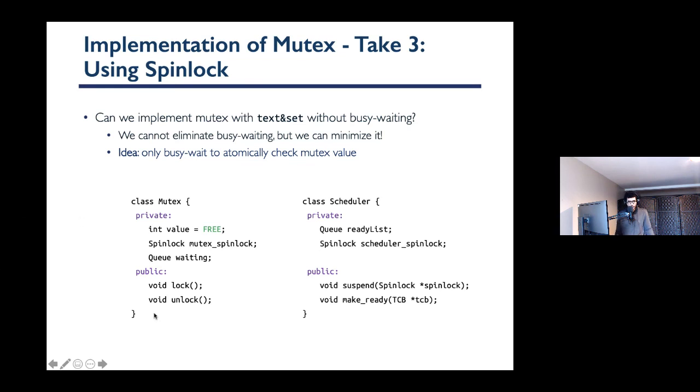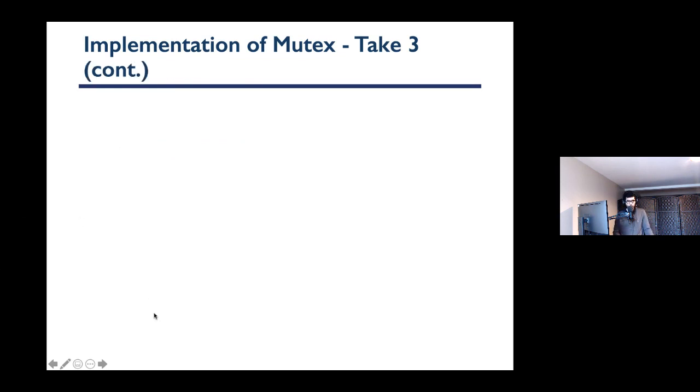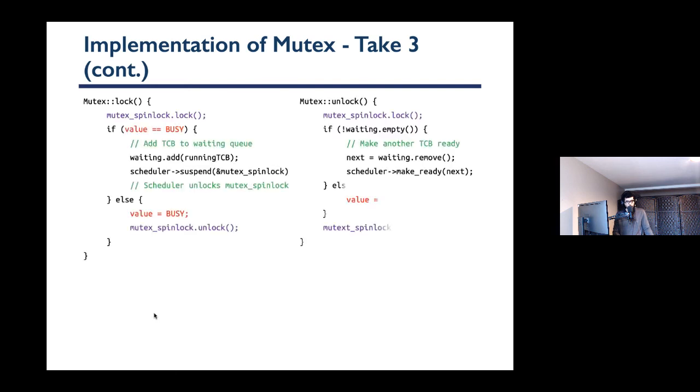So here's how we do it. Let's just do lock and unlock. Very, very similar to what we did with interrupts. Instead of disabling interrupts and enabling them at the end, I just lock my spin lock. I do the exact same things. I check the value.